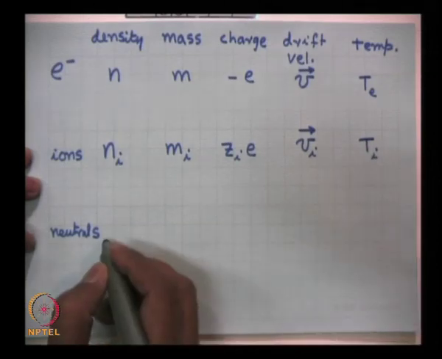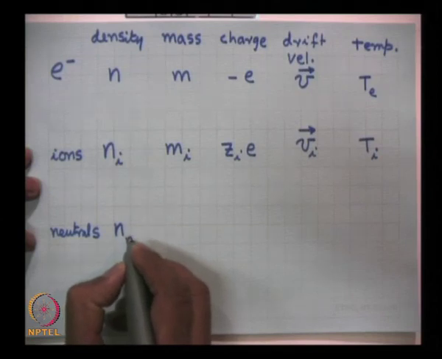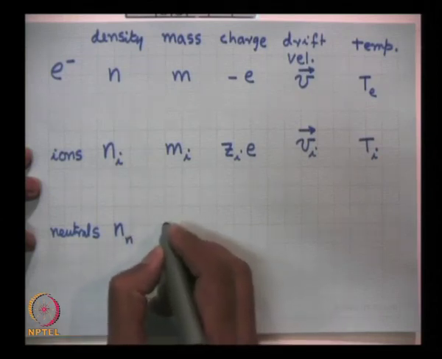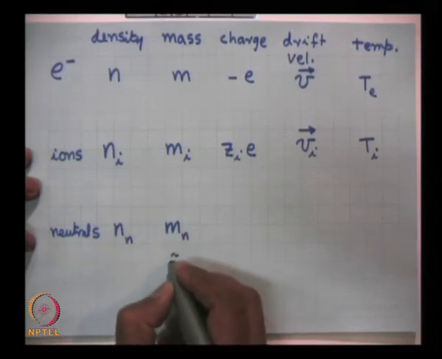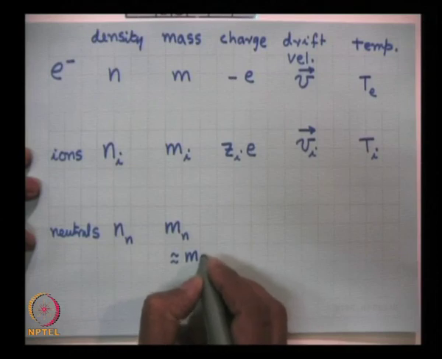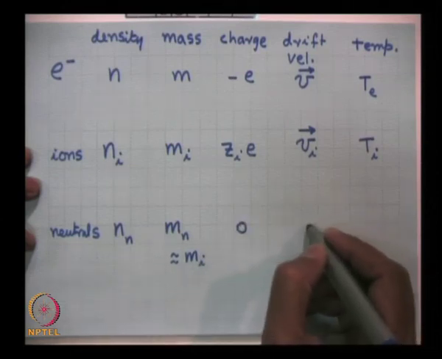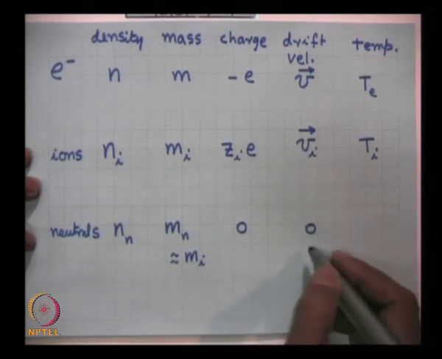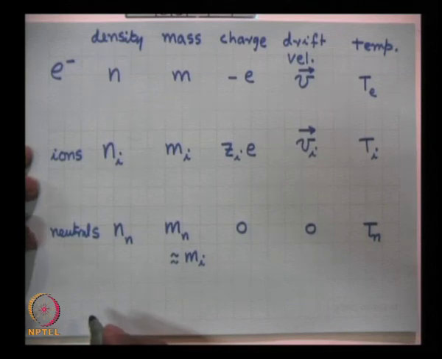For neutrals, the density will be designated as Nn, mass as Mn, which will be nearly equal to Mi, mass of the ion, charge of the neutrals is 0, drift velocity often will be 0, sometimes this may be finite, so we will refer to that later, and temperature of the neutrals will be Tn. So, these are the macroscopic parameters that characterize a species.